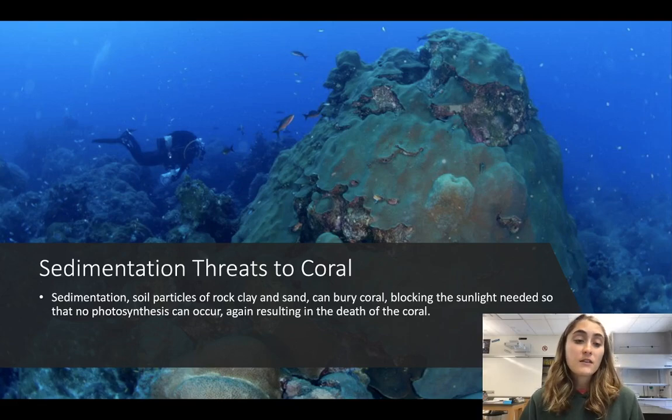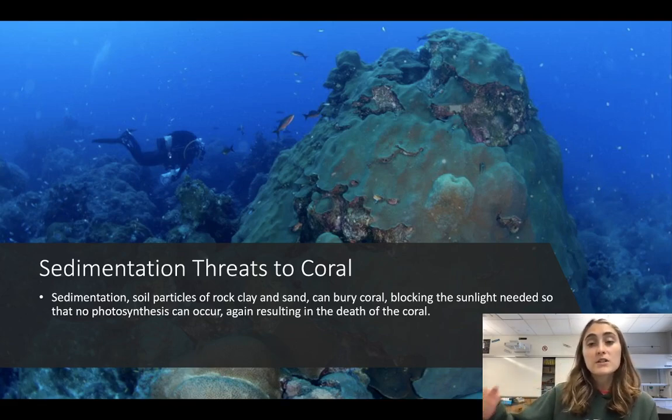There's also, again, the threat of sedimentation. We just learned about sedimentation in 8.1, but that's particulates of soil, rock, and clay. If there's a lot of sedimentation near a coral reef, it's going to deflect how much sunlight actually makes its way down to the coral reef, so it will affect how much photosynthesis is occurring or how much that algae can then photosynthesize, which the coral depends on.